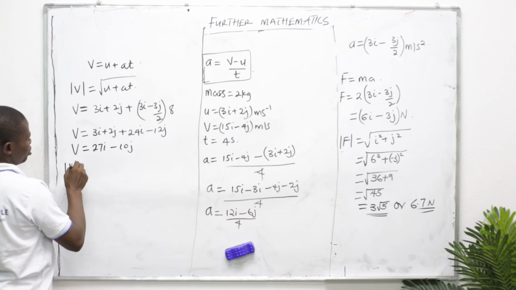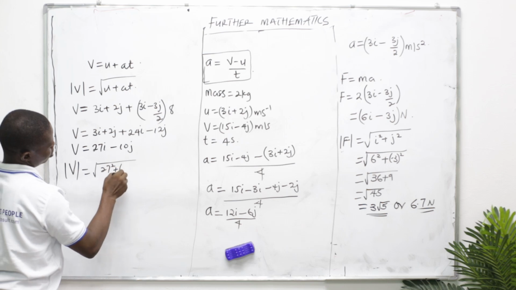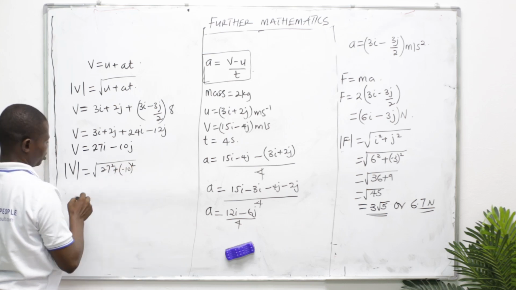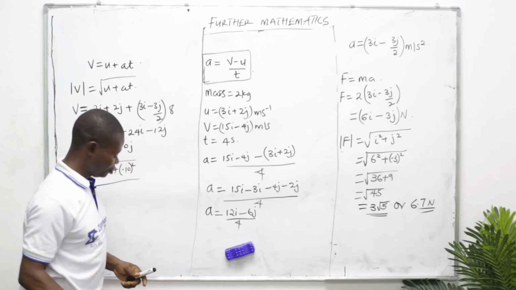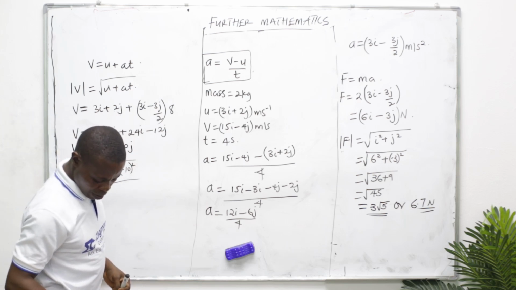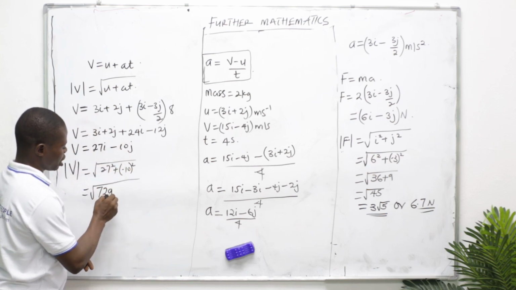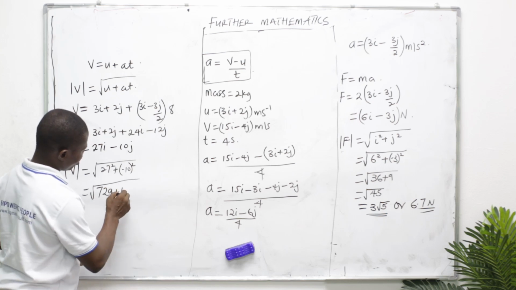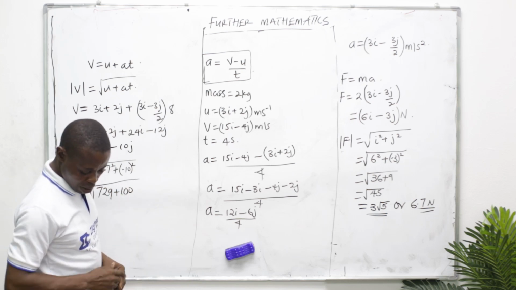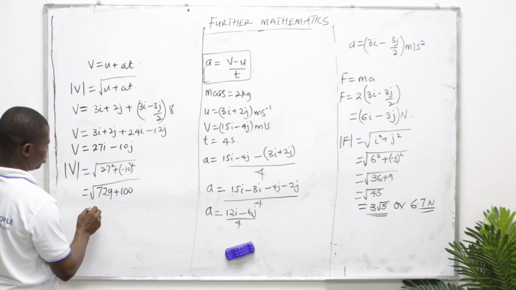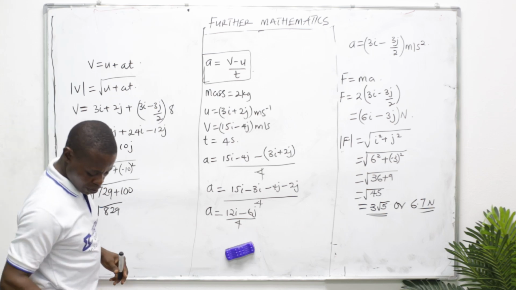So the magnitude of V equals what? 27 squared plus minus 10 squared, to give us square root of 27 squared, 729 plus 100. That is 829. Square root of 829.